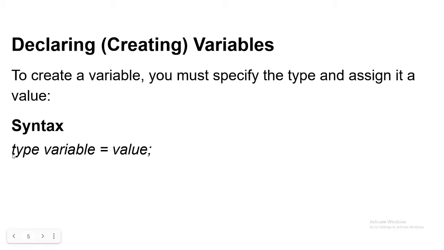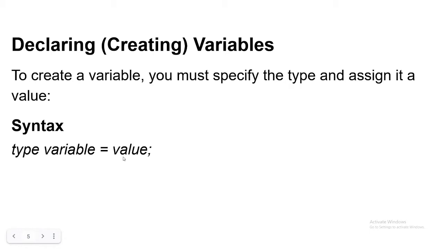The type can be string, integer, character, or float. Then the variable is the name. Let's take an example where the type is string and the variable is name. We're going to assign a value to the name, let's say hello.